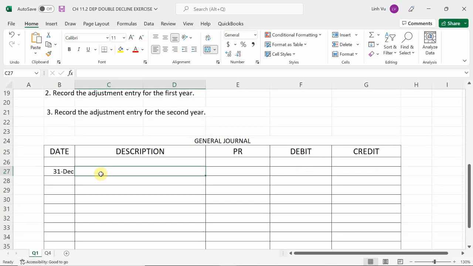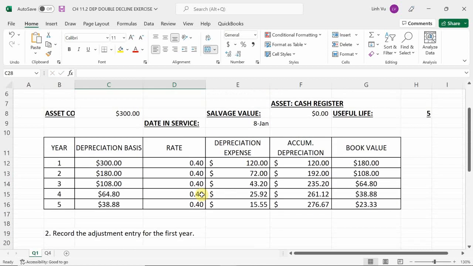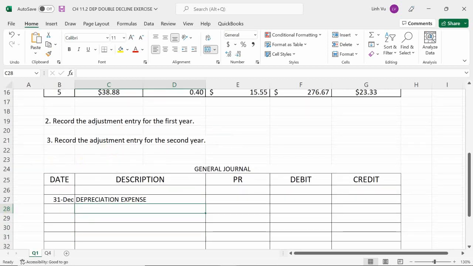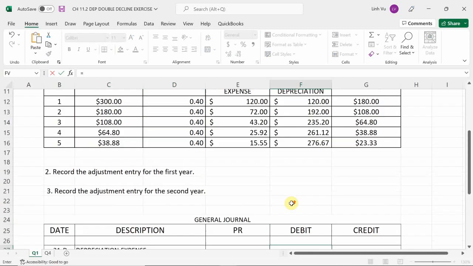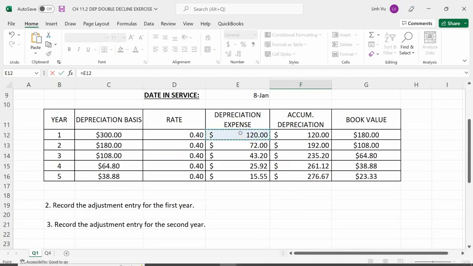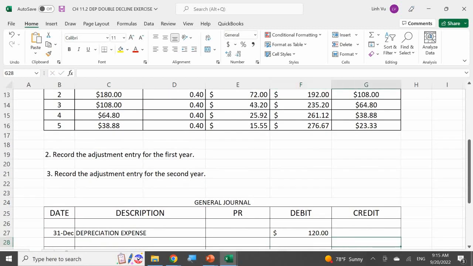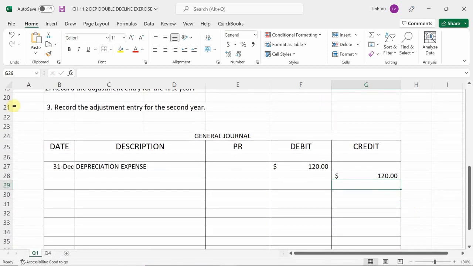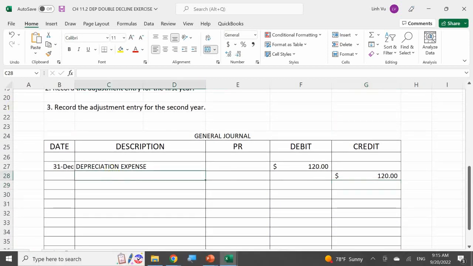Depreciation expense. Okay. For the first year, how much? $120 for the first year. What's my credit going to be? Accumulated depreciation.